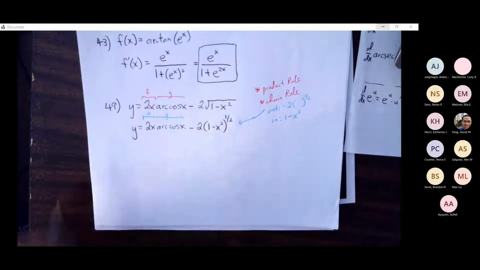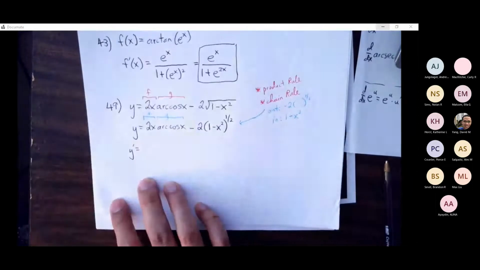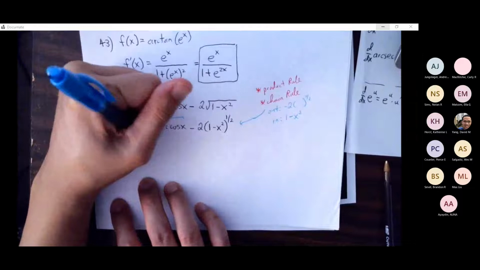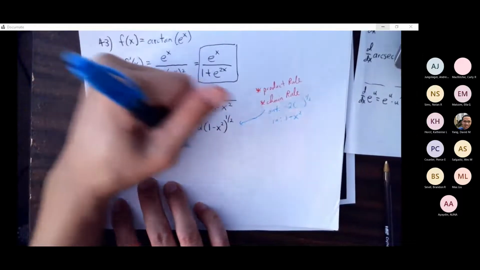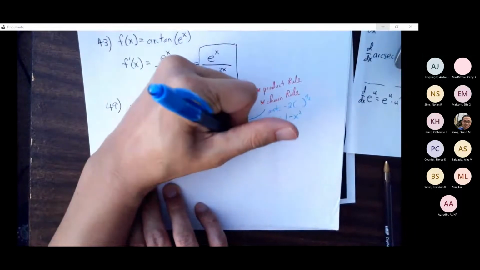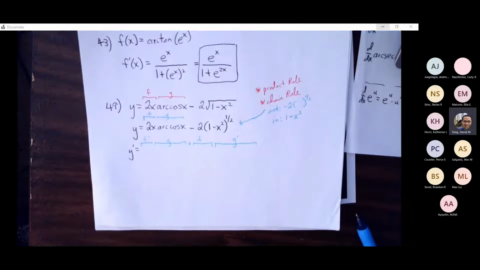Okay, so let's set up product rule. Okay, f prime g plus f g prime.